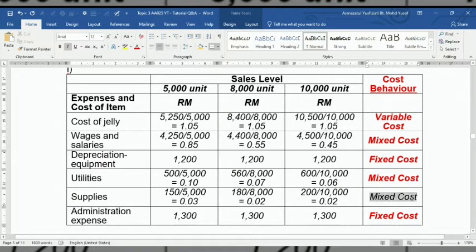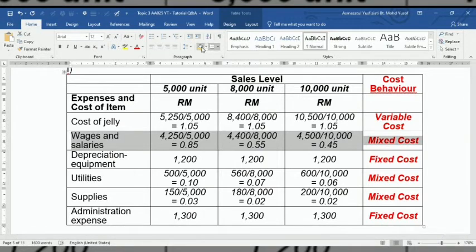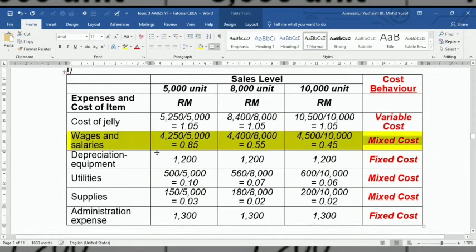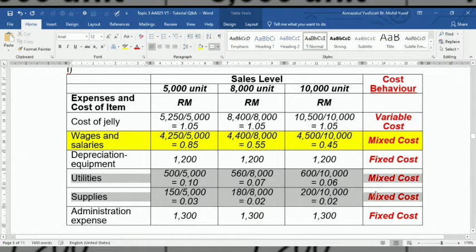Okay, now you have determined all the cost behavior for each cost item. Okay, so we can see that, okay, wages and salary is the mixed cost. So I highlight, okay, same goes to utility and supplies, also mixed cost.